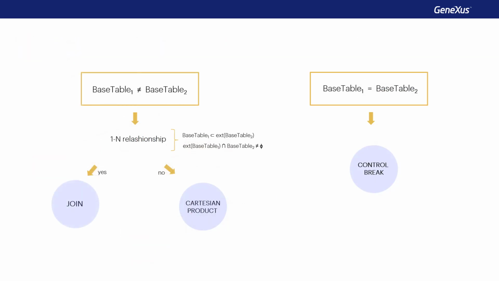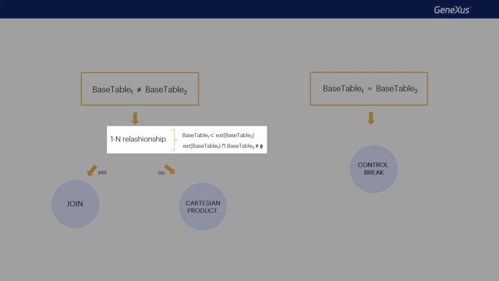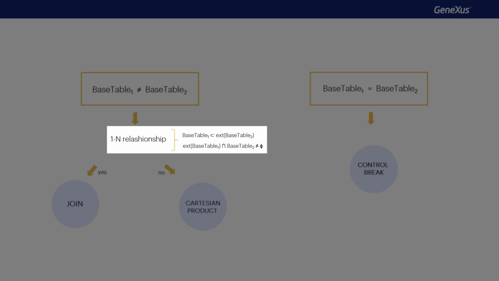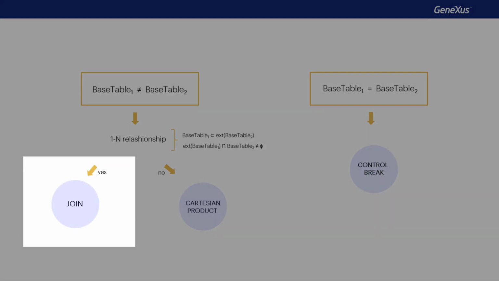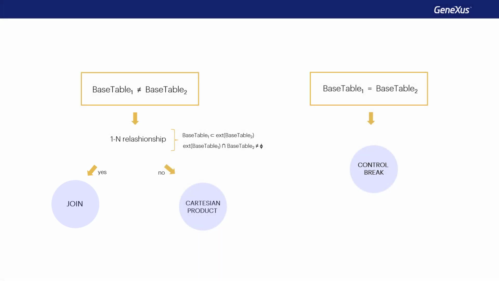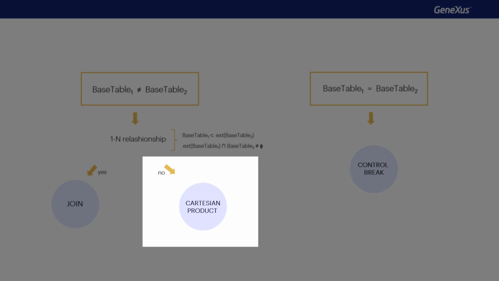In summary, if the base tables are different, Genexus will look for a 1-to-n relationship of one of those two types. If it finds it, it'll implement an implicit join. Otherwise, it will not implement any join. And we call this case a Cartesian product. However, note that calling it a Cartesian product doesn't mean that it is actually one.